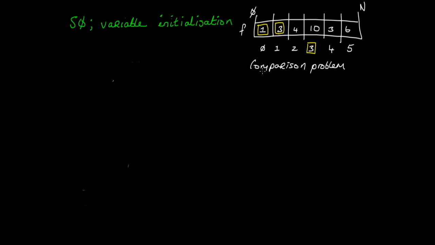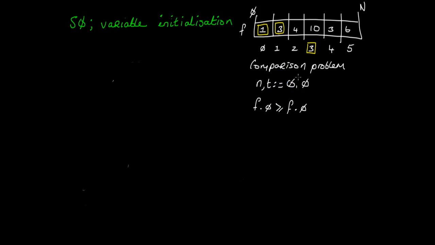So to do that, we cannot, for example, say that n and t become equal to 0 and 0, because then we'll be comparing f.0 with f.0. So that comparison won't work.